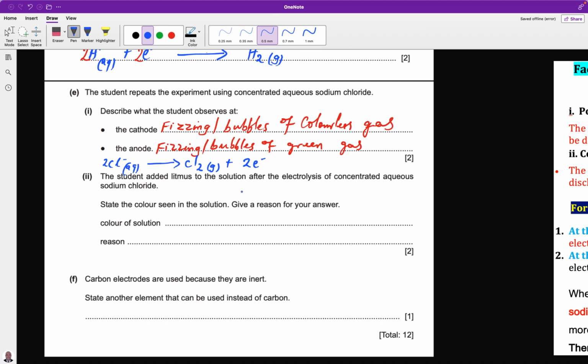The question says state the color seen in the solution, and give the reason. The color: litmus turns blue because it is an alkali solution.